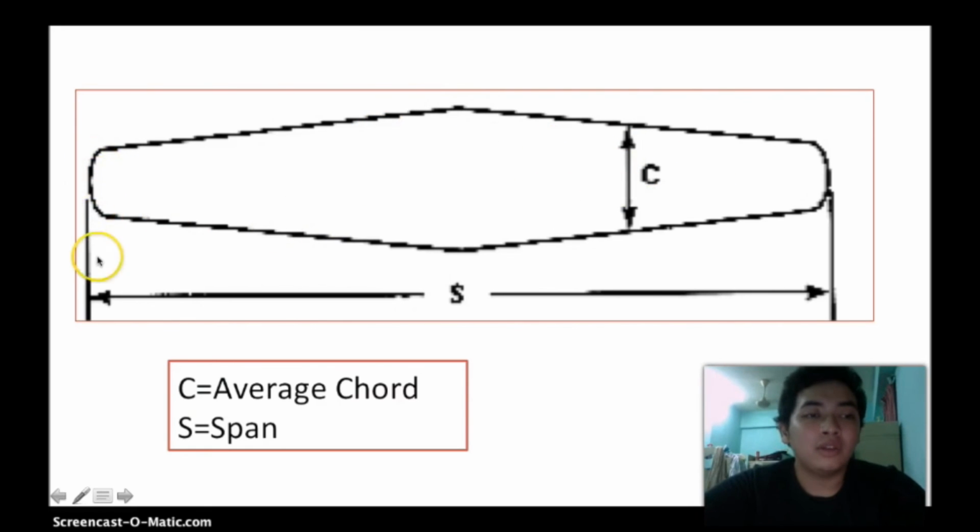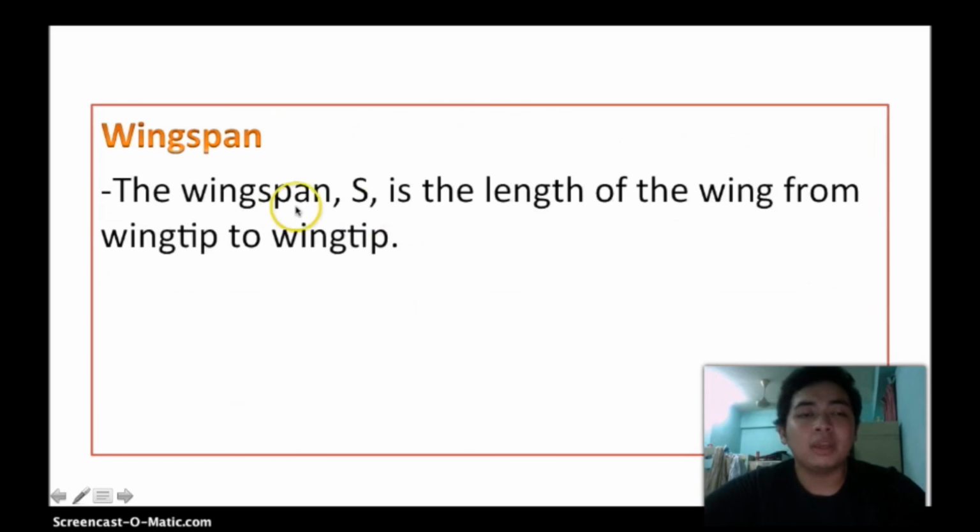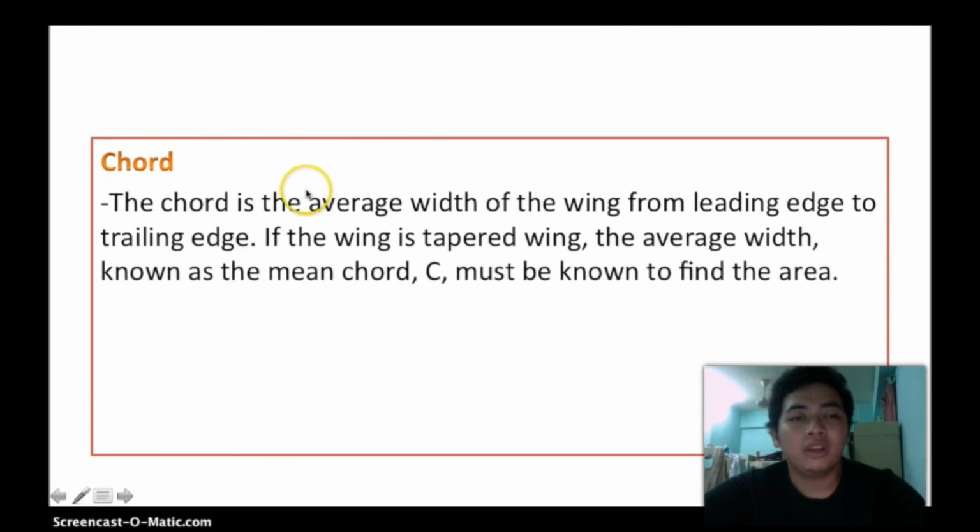The length from wingtip to wingtip is called the span, and the length from the leading edge to the trailing edge is called the average chord. So wingspan is the length of the wing from wingtip to wingtip, while the chord is the average width of the wing from leading edge to trailing edge.